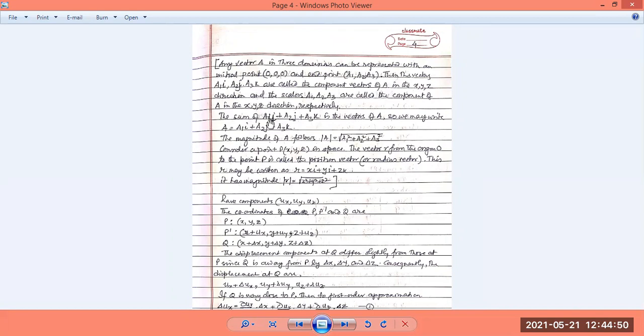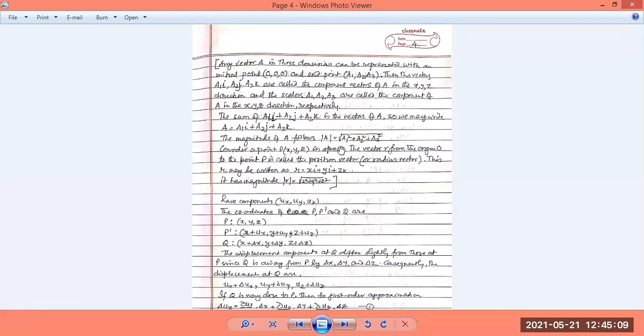The sum of a1 i, a2 j, and a3 k is the vector A. So we may write A equals a1 i plus a2 j plus a3 k.